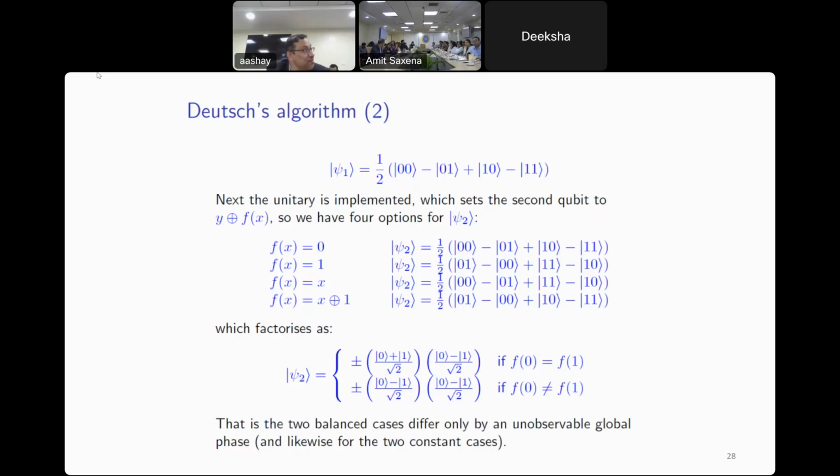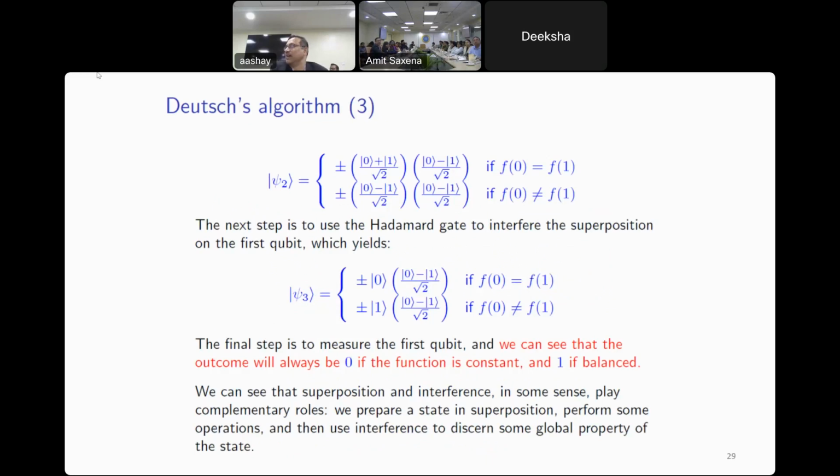So now if we apply Hadamard on the first qubit, on 0 plus 1 we get 0, and on 0 minus 1 we get 1. So if we measure 0 on the first qubit, it is a constant function. And if I get 1, it's a balanced function. That exactly was the Deutsch algorithm. I'm not getting into it further. If it is 0, it's constant. If it's 1, it's balanced, okay?